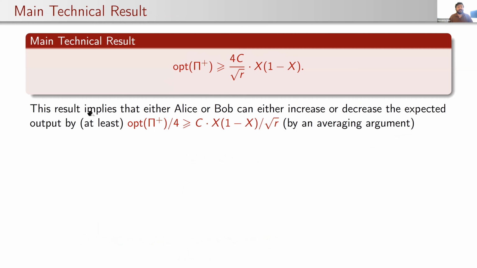And by an averaging argument, one can show that this gives an explicit attack because there are 4 types of attacks that are possible. Alice or Bob can increase or decrease the expected output. So one of them must be at least 1/4 this quantity.